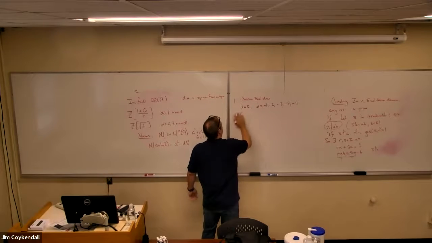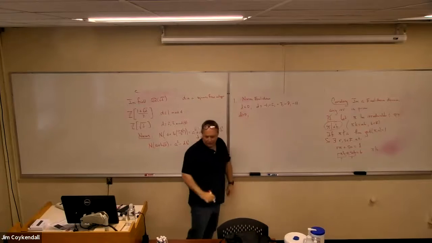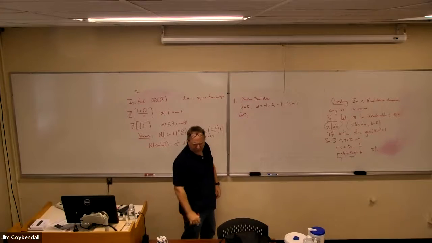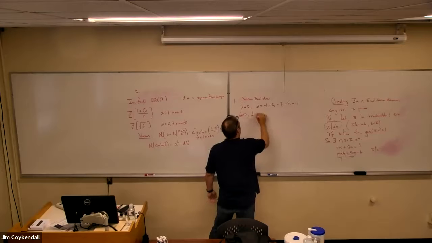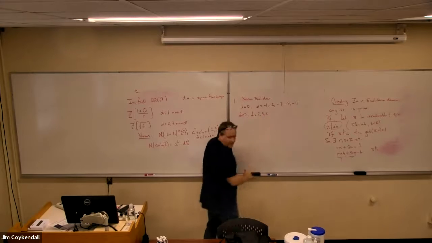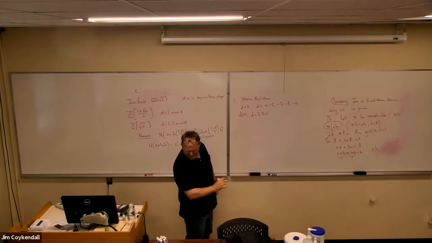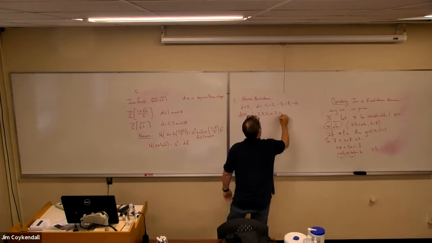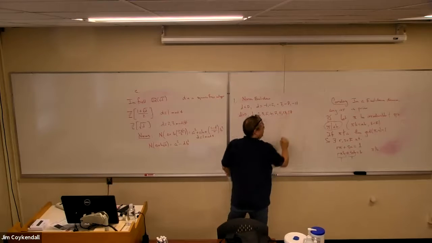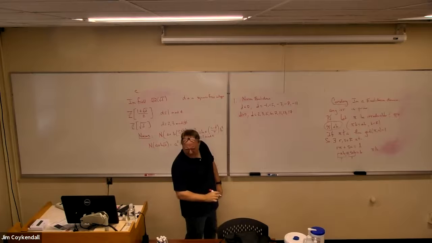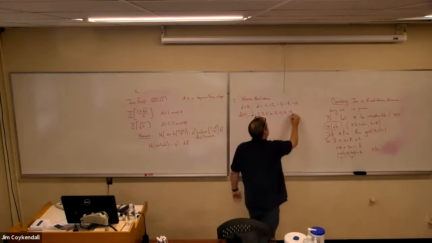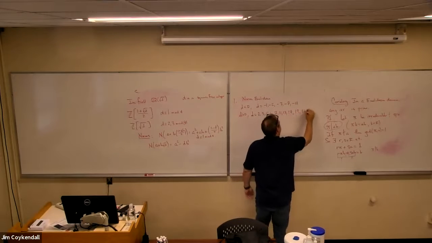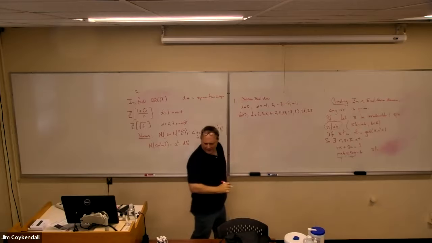For D bigger than 0, and these are just quadratic, the list is a little bit longer, but still pretty short. 2, 3, 5, 6, 7, 11, 13, 17, 19, 21, 29, 33, I think.